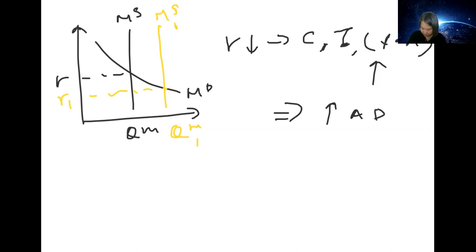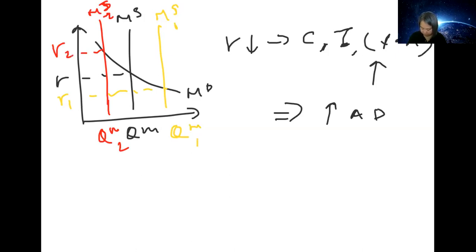If the bank wants to slow down the economy, it is going to reduce the money supply, to MS2. Your quantity of money goes down, which will then increase interest rates.